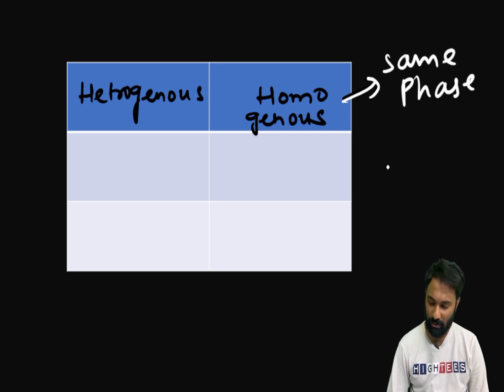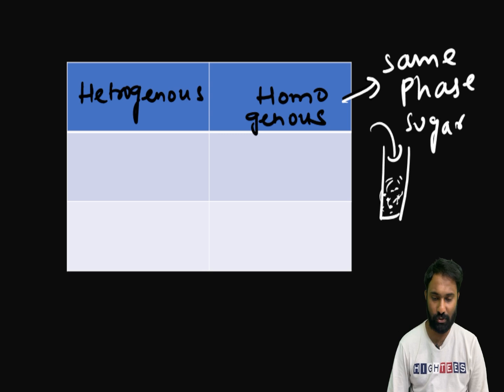Best example: if you add sugar into water, H2O, and shake it, the sugar and the H2O will become the same phase. That type of mixture we will call a homogeneous mixture.